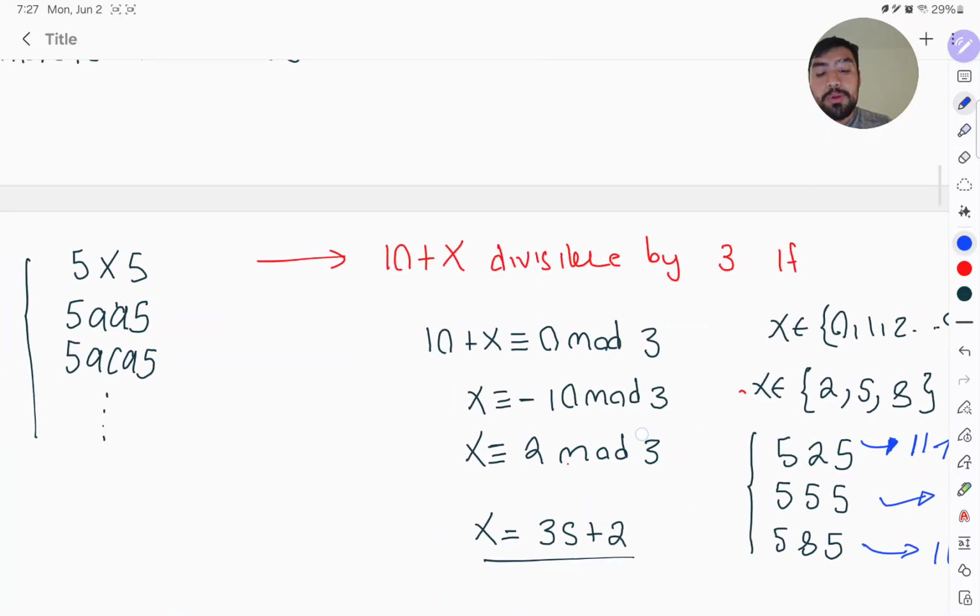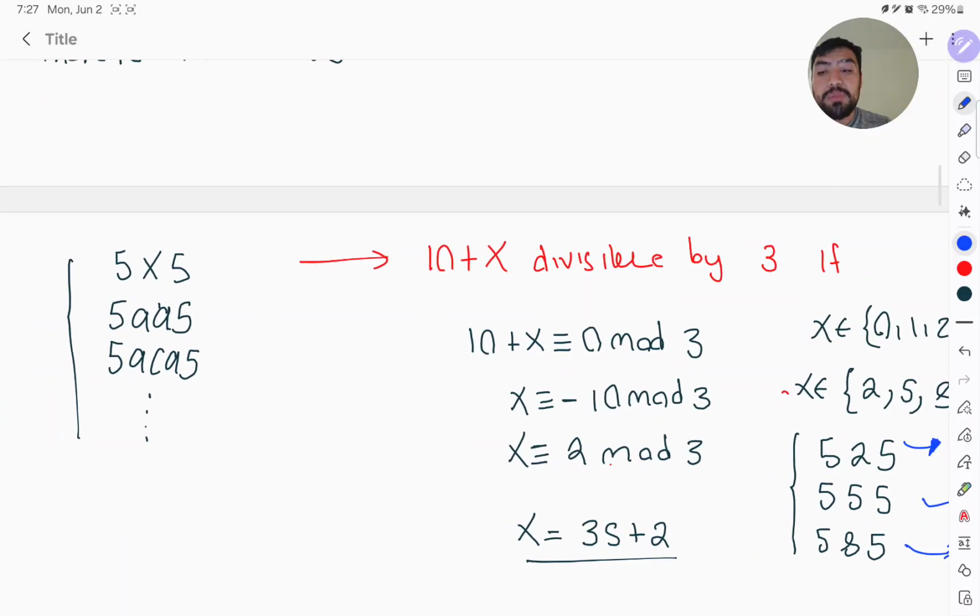So 10 plus x must be congruent with 0 modulo 3, and then x is congruent to minus 10 modulo 3, and hence x is congruent to 2 modulo 3, and it implies that x is of the form 3s plus 2 for an arbitrary s.